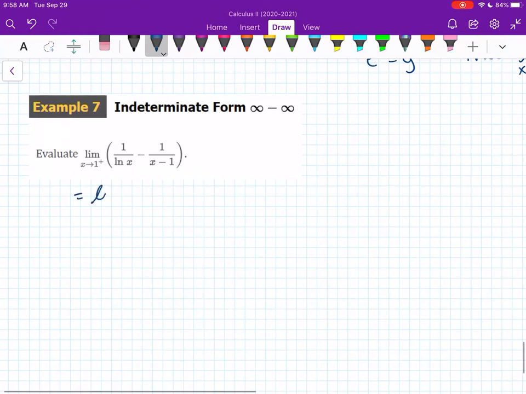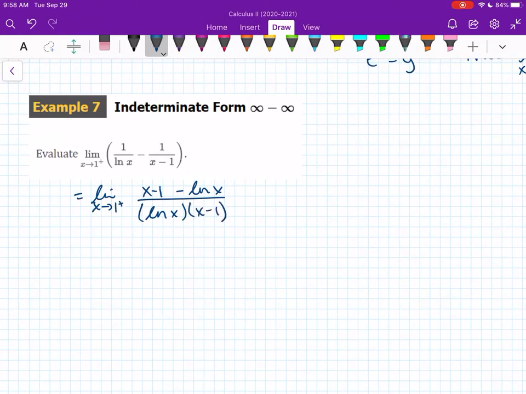But if I just combine my fractions, I am going to get first fraction multiplied by x minus 1 minus second fraction multiplied by natural log of x. Okay, so now if I look at this on its own and I plug in a 1, then I'm going to get 0 over 0, which then allows me to use good old L'Hopital's rule.